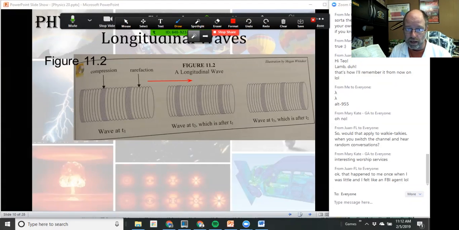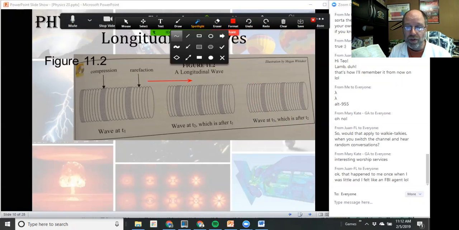You could actually watch the compression move across in that video that we saw. And if we look at it a little time later, wave 3, sometime after wave 2, again, they've moved further to the right. So the propagation is to the right.